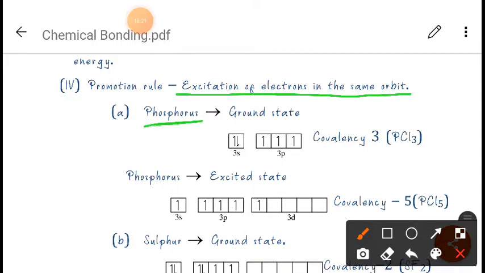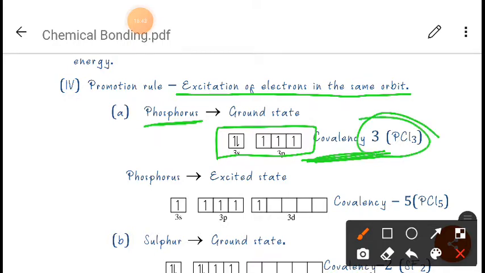Suppose we see phosphorus, which has an electronic configuration of 3s2 3p3. At that time phosphorus has a covalency of 3, because in the outermost shell it has 3 unpaired electrons. Now what will happen when it goes into the excited state?